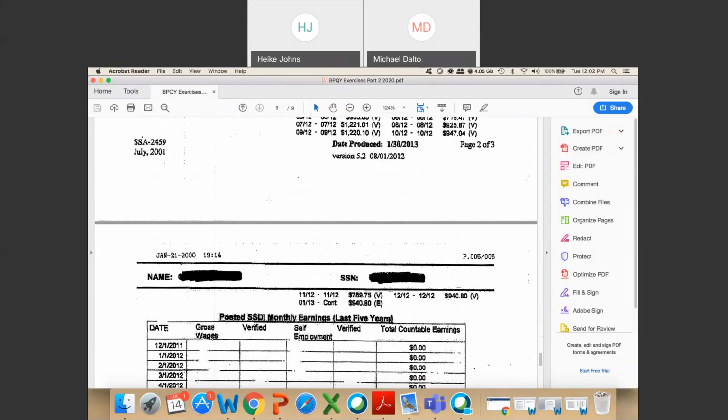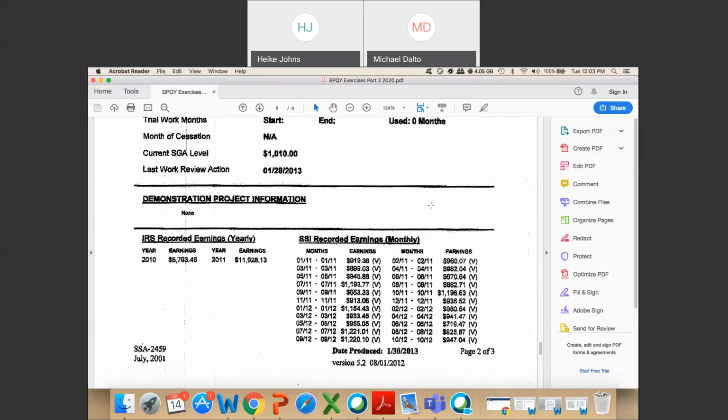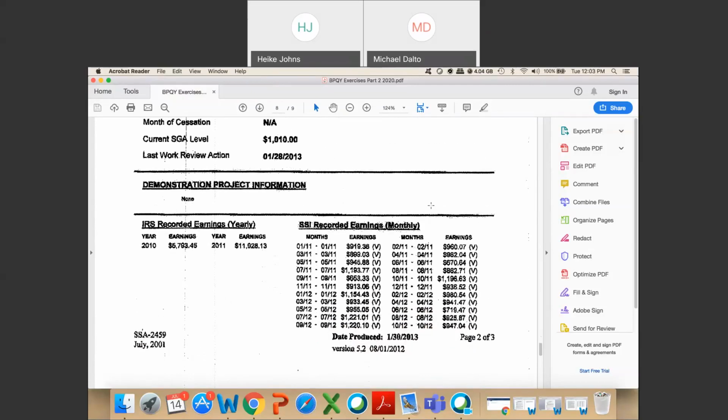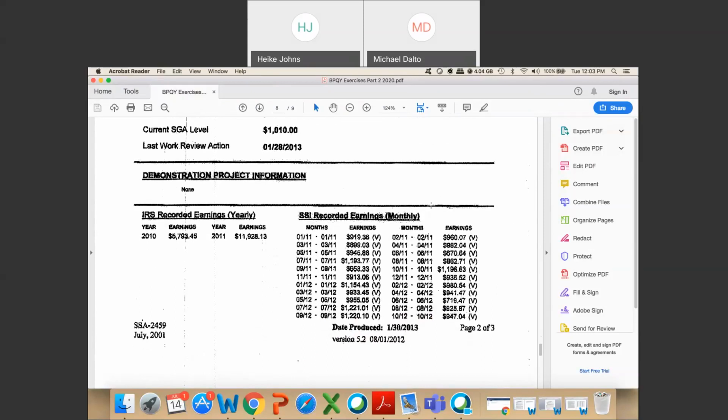Now, let's take a look at the trial work months. The BPQY shows that 0 were used. But let's look at the earnings this person had. In 2012, the trial work period threshold was $720 a month.